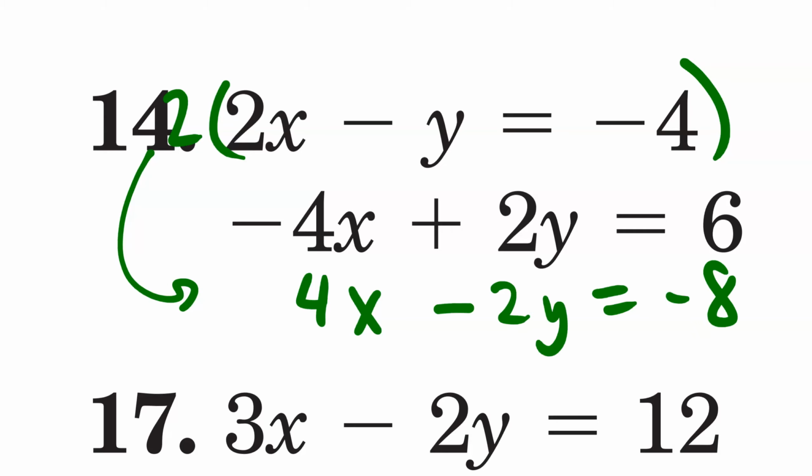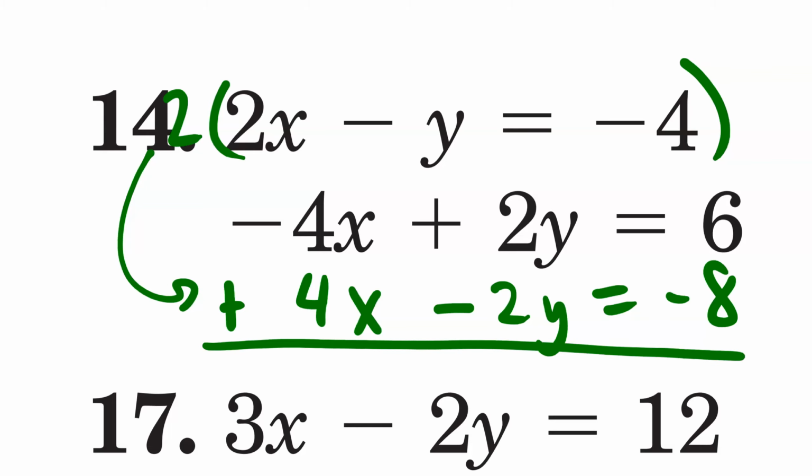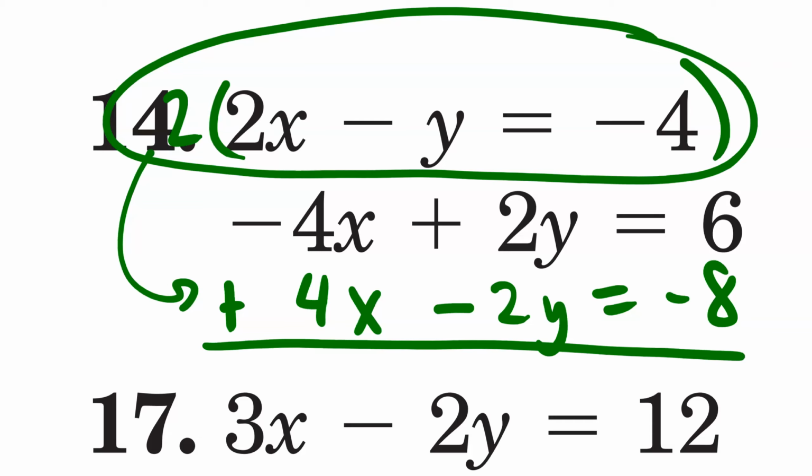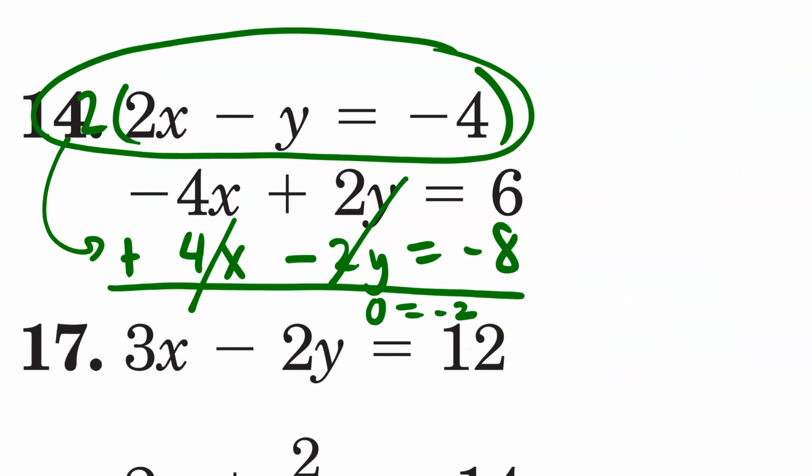So when I add them together, this bottom line in green is this top line multiplied by 2. Okay, so I add them, that cancels out, and I'm left with 0 equals -2. But wait, can 0 ever equal -2? Right, this is a no solution because both variables cancel out.